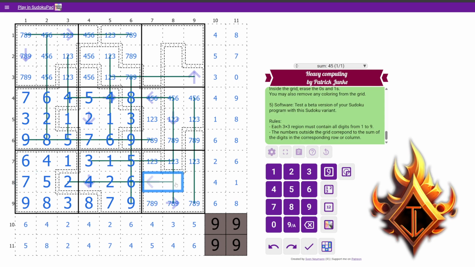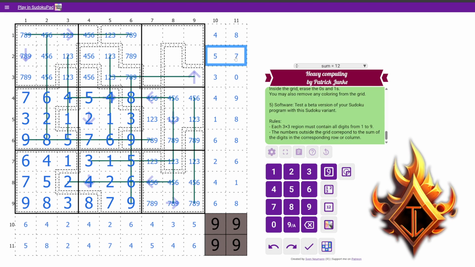Okay, we have 4, 5, 6 left over. None of these are going up and down. What about 56 maybe?